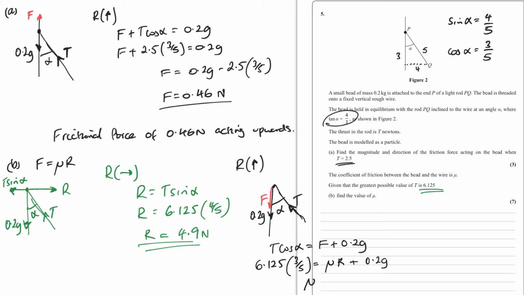So we want mu here, so we've got the 6.125 times 3/5 minus 0.2 g and divide by R. And that gives me 7/20, or 0.35 in terms of decimals.